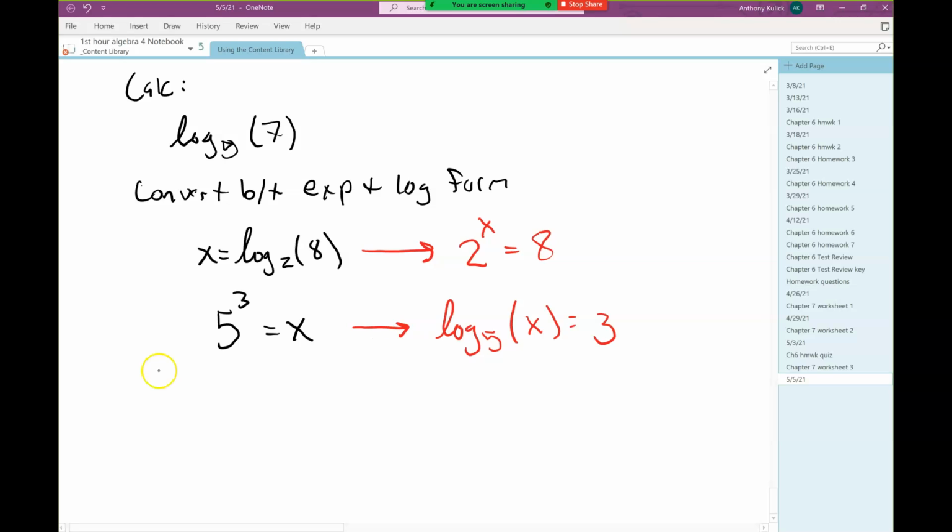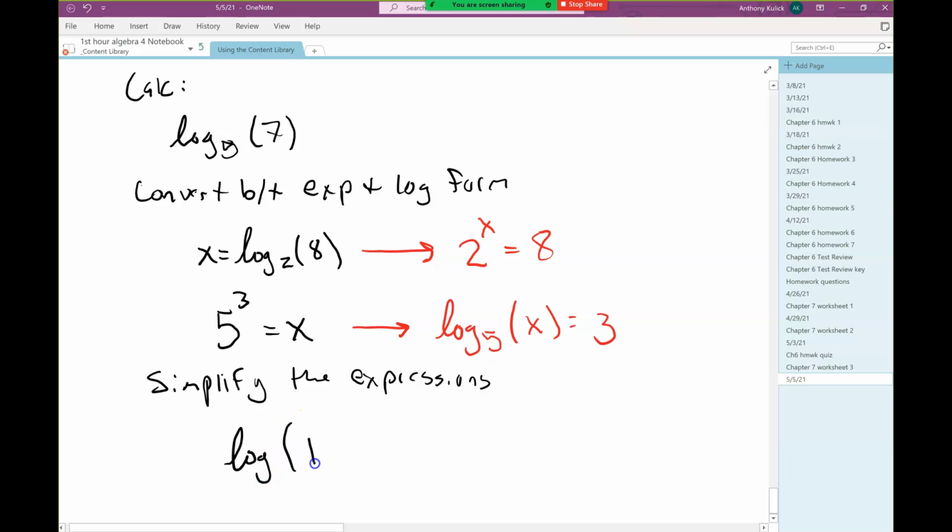And I'm going to ask you to simplify. So maybe I'll give you something like log of 10 to the third.